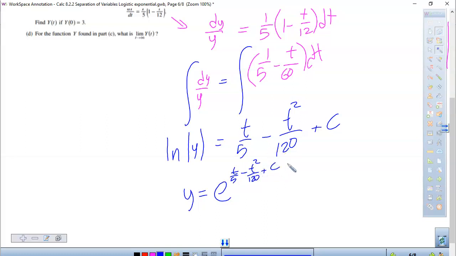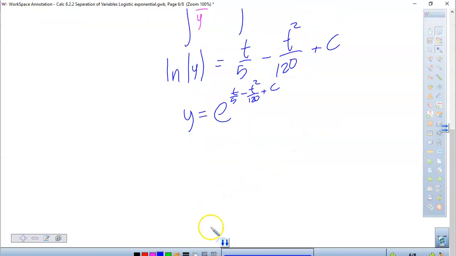If you're adding c, it's the same thing as e to the c, and e to the c by itself is a constant anyway. E to the constant is a constant. So I could just say y equals some constant k times e to the t over 5 minus t squared over 120, because e to the c is a constant. K equals e to the c.